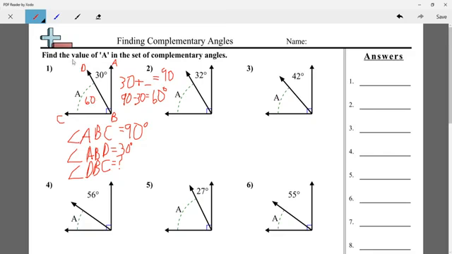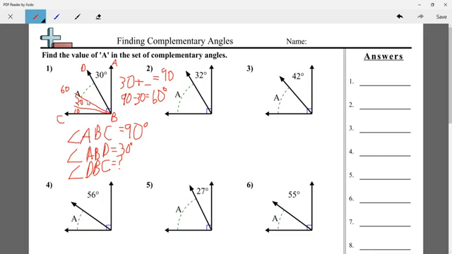Okay? Now, since I know that this is 60, if I were to then make some angles in this 60, and let's just say this is 10, this is 20, okay, then what is this one?